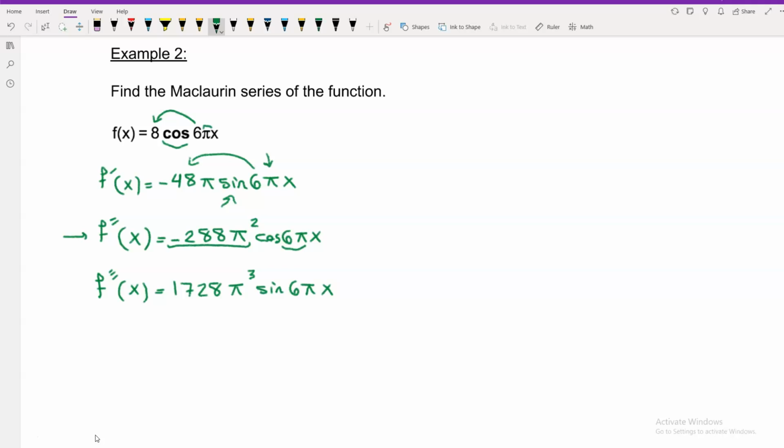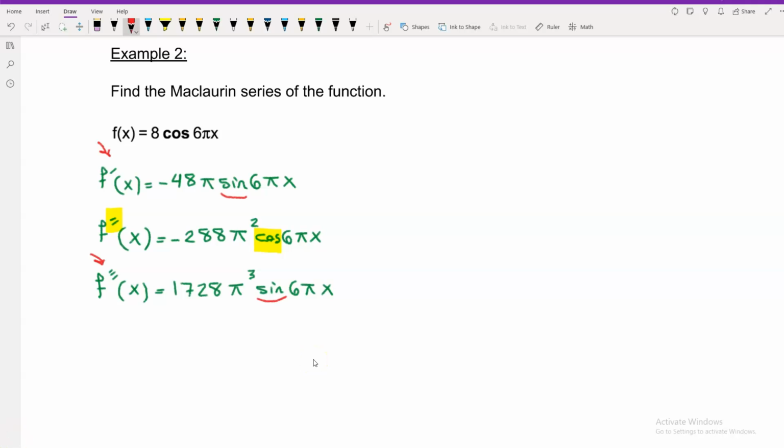So based on what we have here, note that the even numbered derivatives all contain cosine. So here we have even derivative and here we have cosine. And odd numbered derivatives all contain sine. So here we have odd derivatives and we have sine.